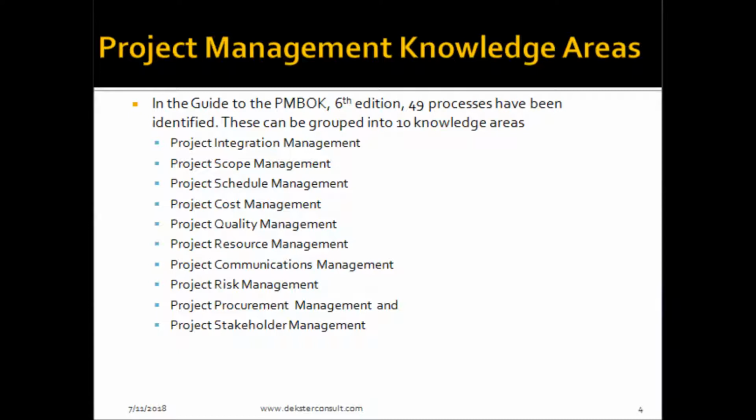So we'll be looking at the knowledge areas, which are integration, scope, schedule, cost, quality, resource, communications, risk, procurement, and stakeholder management. So apart from grouping the processes into 5 process groups, we could as well group them into 10 knowledge areas. So we want to look at these knowledge areas next.